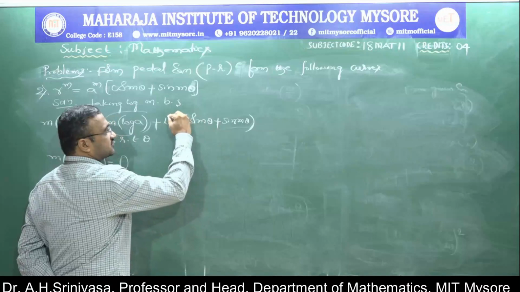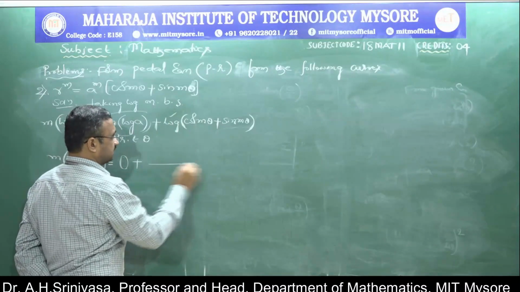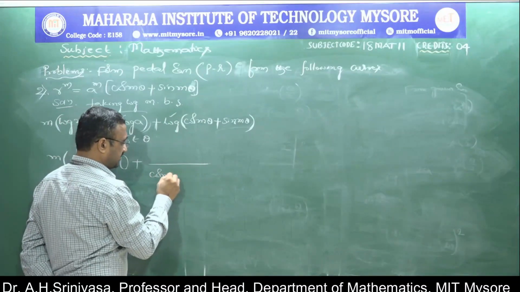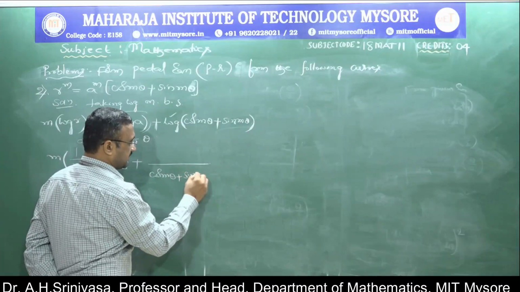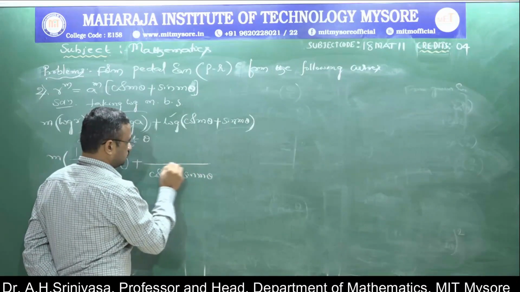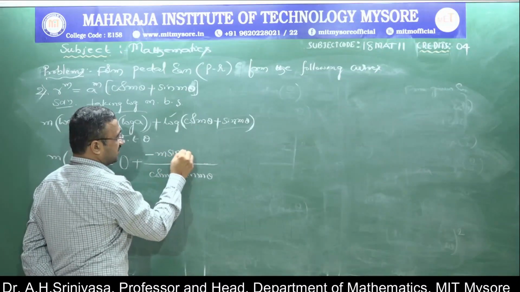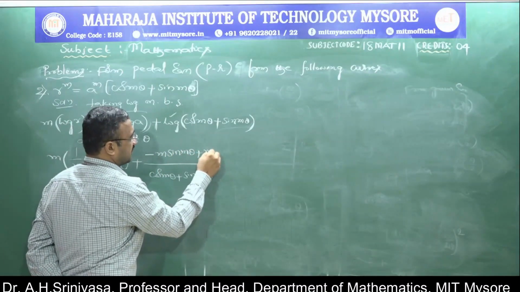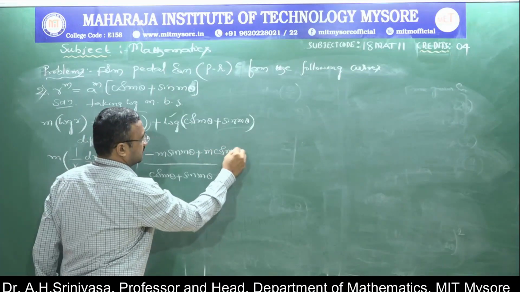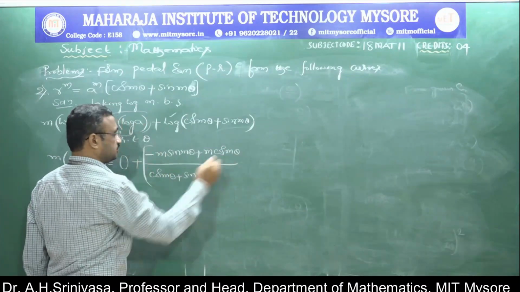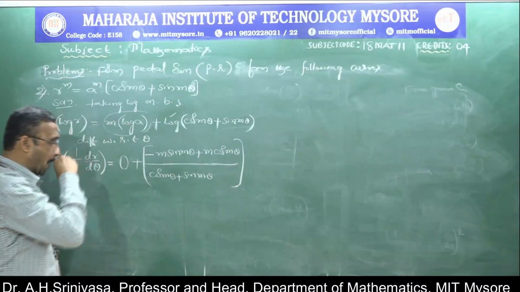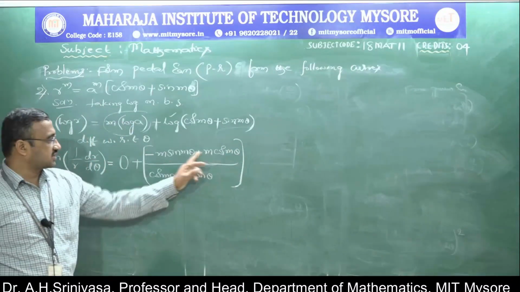Then differentiation of the first function, plus, it is cos m theta plus sin m theta, then inside the function, minus m sin m theta plus m cos m theta. Okay, now take m as a common factor here.